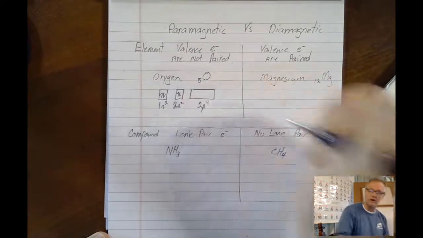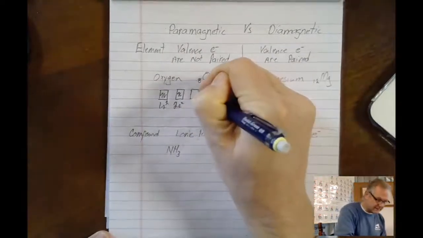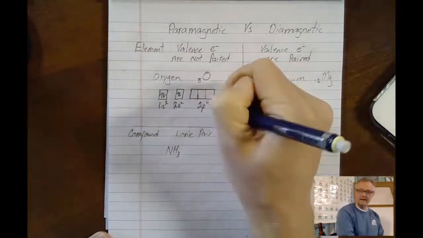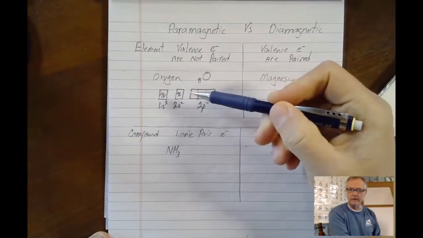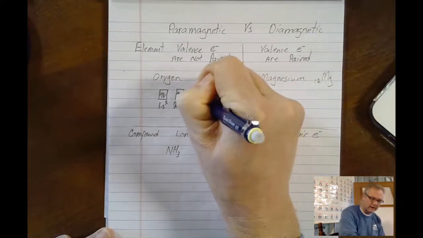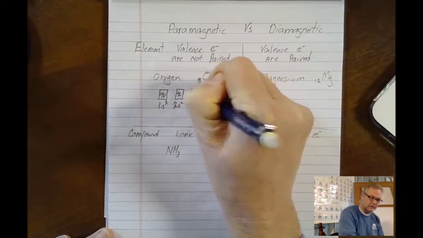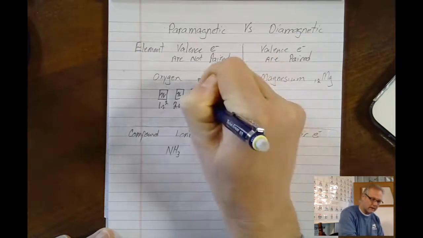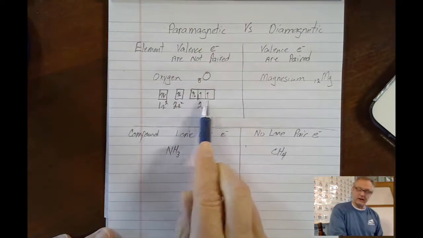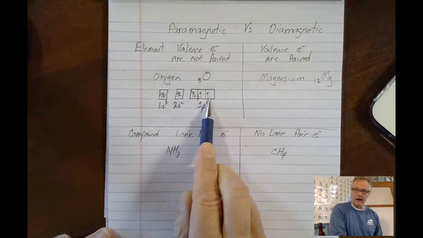So I have 1, 2, 3, 4. Do you see how I have these 2 electrons here that are not paired? That's it. So this would be paramagnetic. What does that mean? If this was going through a magnetic field, because it has these unpaired electrons, it would be affected by that magnetic field.